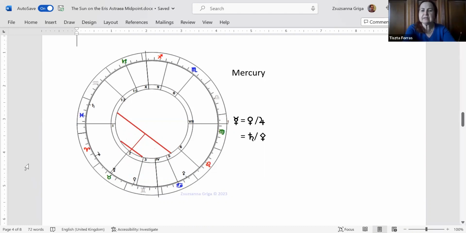And the other midpoint is Saturn and Pallas Athena. So Mercury is also linking Saturn, karmic destiny, and also our chores and duties and the foundation of things, and Pallas Athena, wisdom.